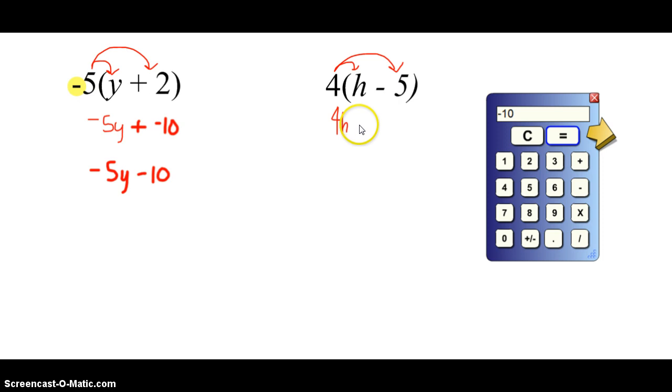And we're going to leave this as a -5, because remember, if we had boxed this out, it would look something like this, because remember, we always take the sign that's in front of the term or the constant. So we're going to go to our calculator and we're going to say, okay, we're doing 4 times a -5 in this case, and that tells me that it's a -20.